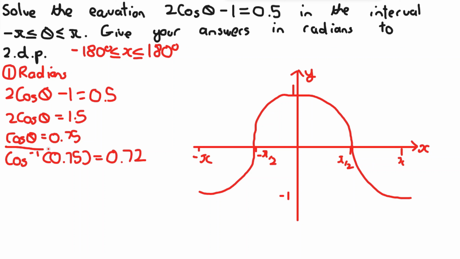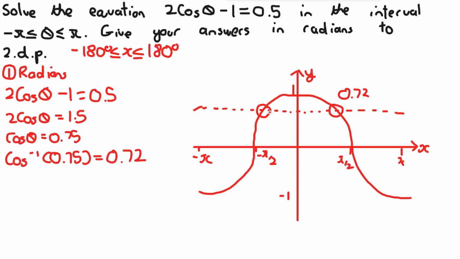Okay, so this is the equation that we need to solve here. So it's cos theta is equal to 0.75. So let's say that 0.75 is about here. And in this interval, we can see that there are two solutions. We already know this one here. This one here is the 0.72 that our calculator gave us. And this one here, again, we can figure out using symmetry.